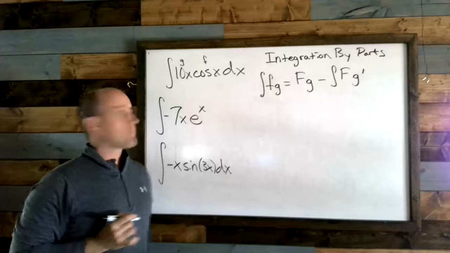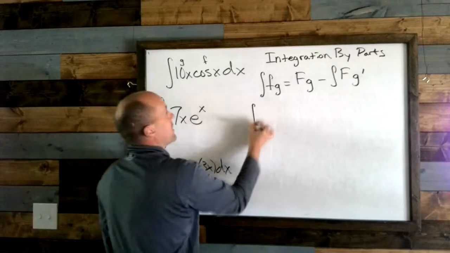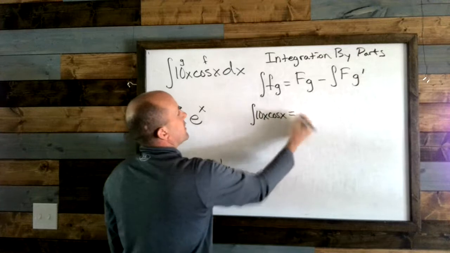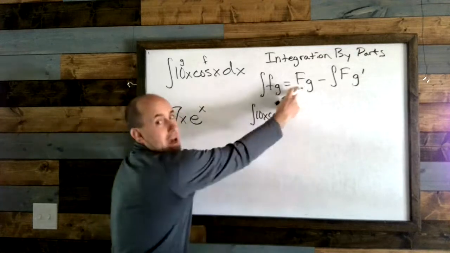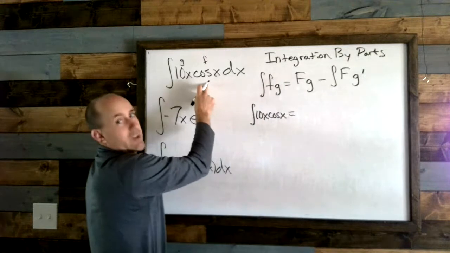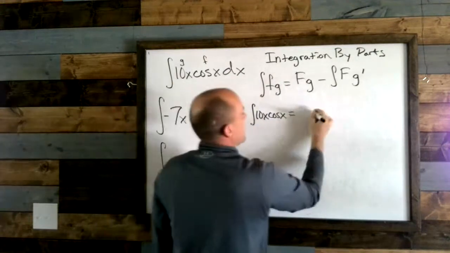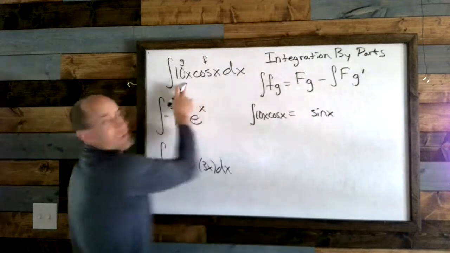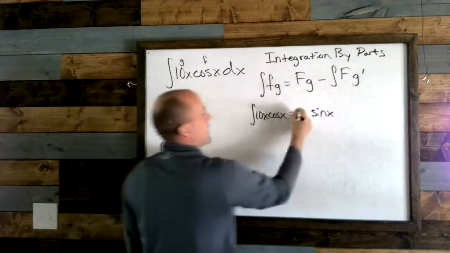Therefore the integral of 10x cosine of x: big F is going to be the antiderivative of cosine. What's the antiderivative of cosine? It's sine of x. g is just left alone, it's 10x.